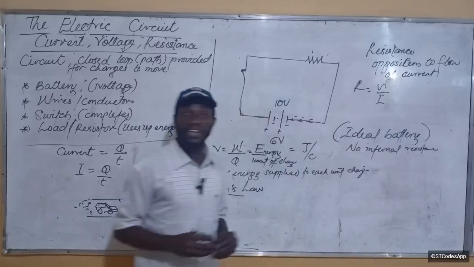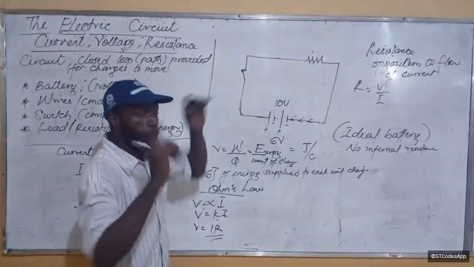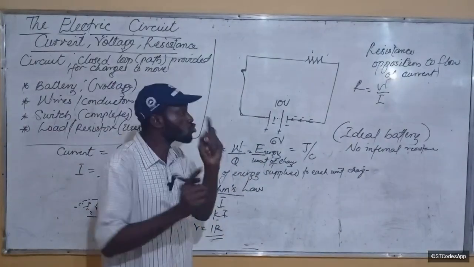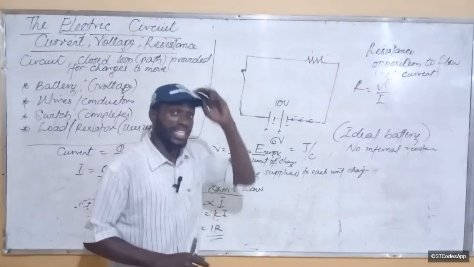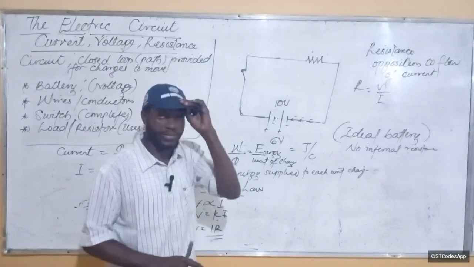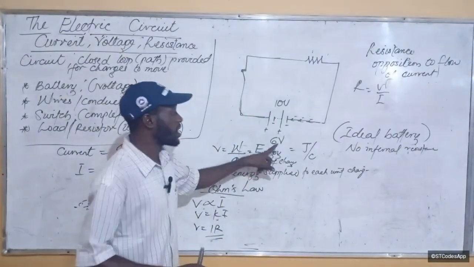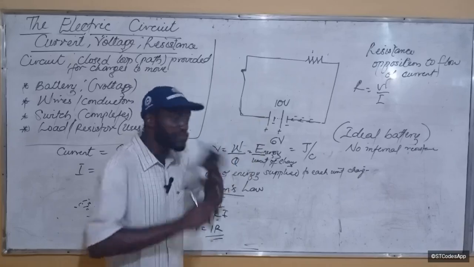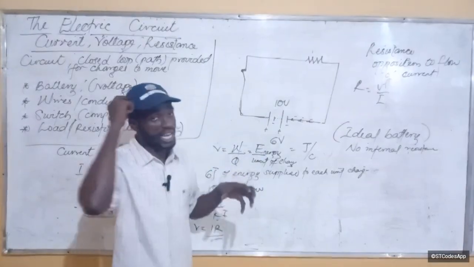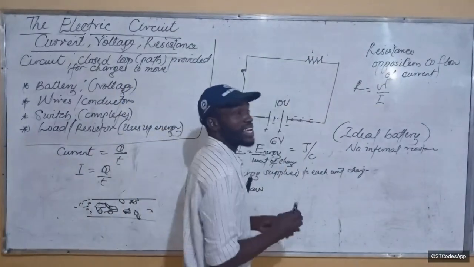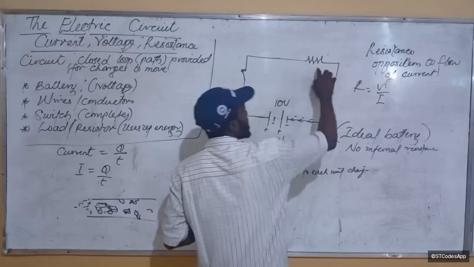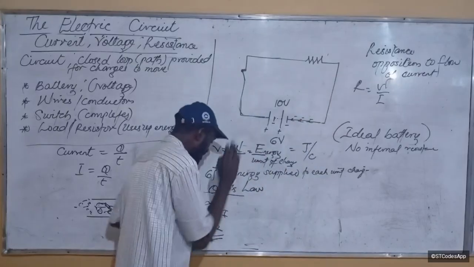So since it has no internal resistance, if you call that a 6-volt battery, it will supply exactly 6 volts to every charge that is flowing. In that ideal case, it will supply 6 volts exactly to each electron that is moving. So as the electrons flow across here, they will lose all of that 6 joules of energy.